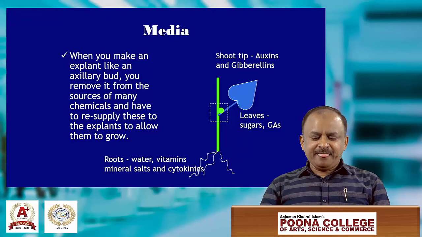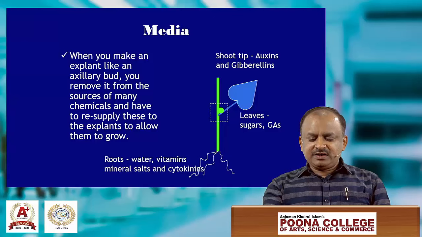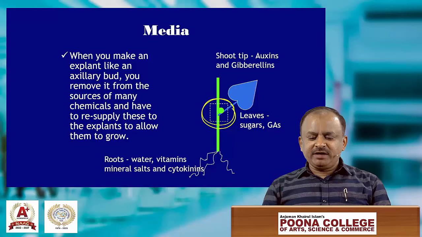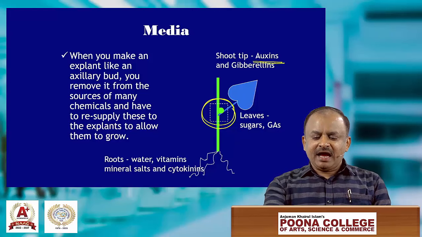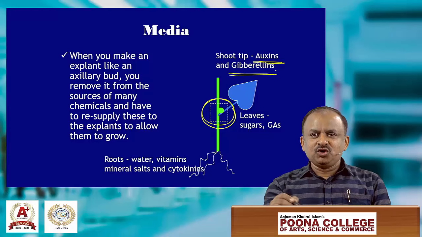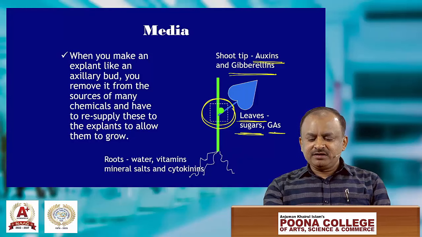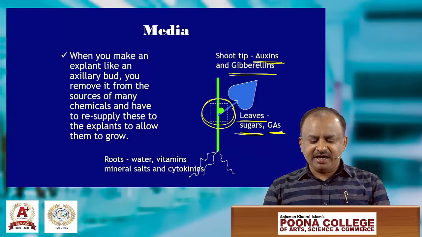Remember, this is the shoot tip, and this shoot tip is influenced by the combination of auxins and gibberellins. So the shoot tip is responsive to auxins and gibberellins. As far as leaves are concerned, they respond directly to sugars and gibberellic acids.